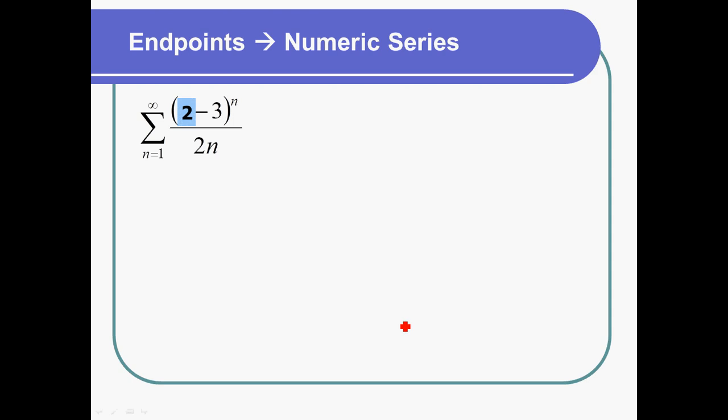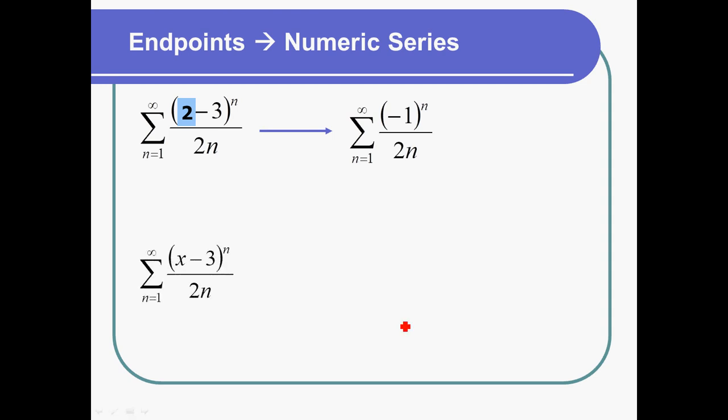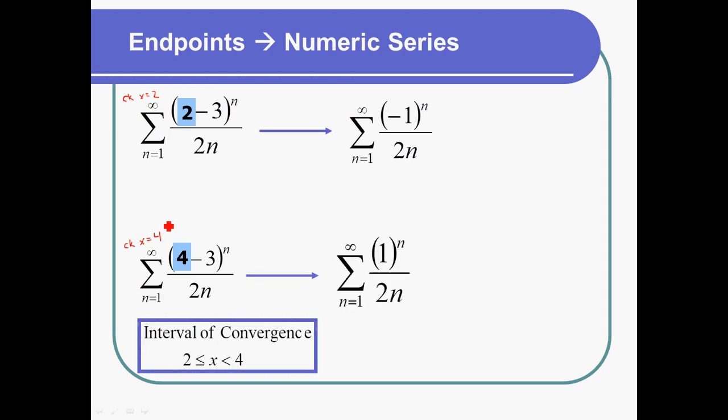Now, I'm going to test the endpoints. So I put in 2, and when I put in 2, I got negative 1 to the n over 2n. And when I did, I got the interval of convergence to be equal to the left endpoint.